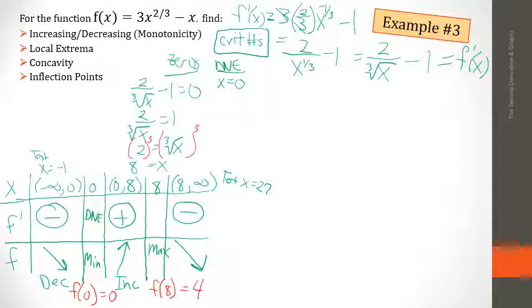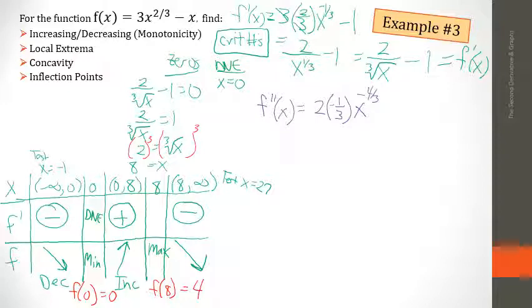Okay, so we've done decreasing, increasing, monotonicity, and local extrema. Now we need to do concavity, so we need the second derivative. f double prime of x will be 2 times negative 1/3, to bring the power down, x to the negative 4/3.